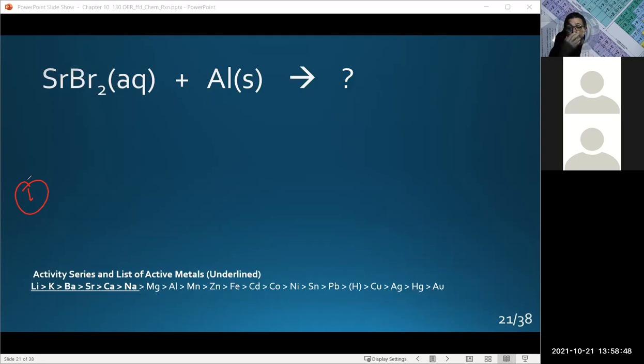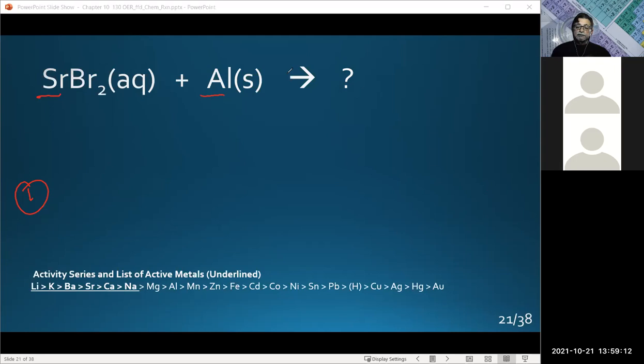That's the first thing you have to do. You have to determine which metal is more reactive. And we're comparing Sr versus aluminum. We don't really care if they're in ionic form. We're just comparing metal to metal, regardless of whatever form.